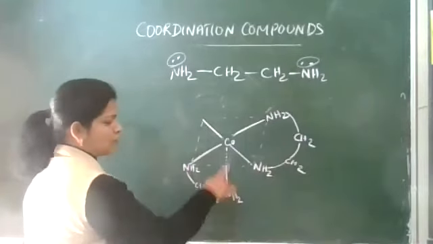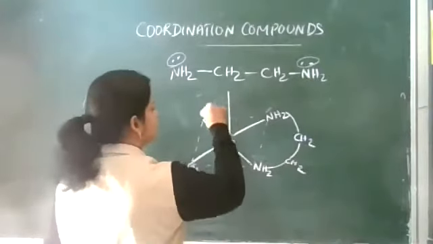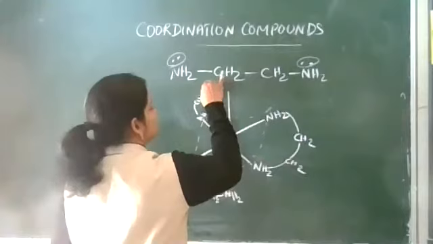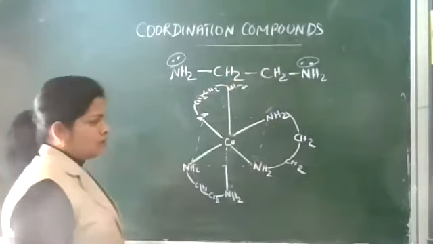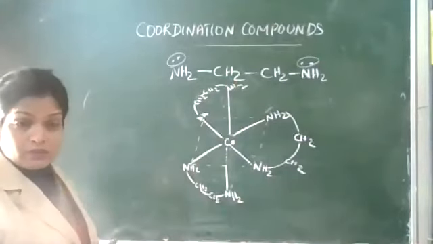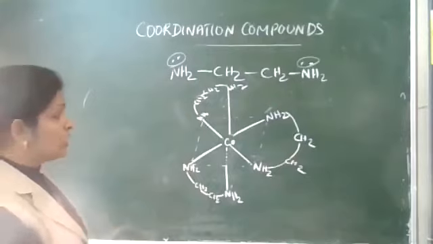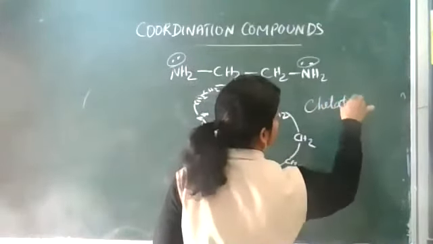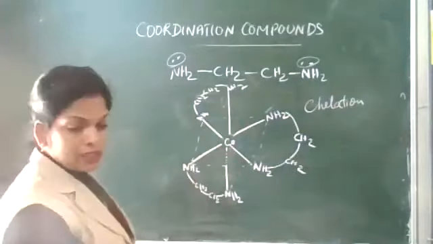Using this pair of electrons, it has made this bond, and using this pair, it has made this. Similarly here, NH2, CH2, NH2. Chelation means ring structure. The chelation gives stability to the molecule. This is en, ethylene diamine.